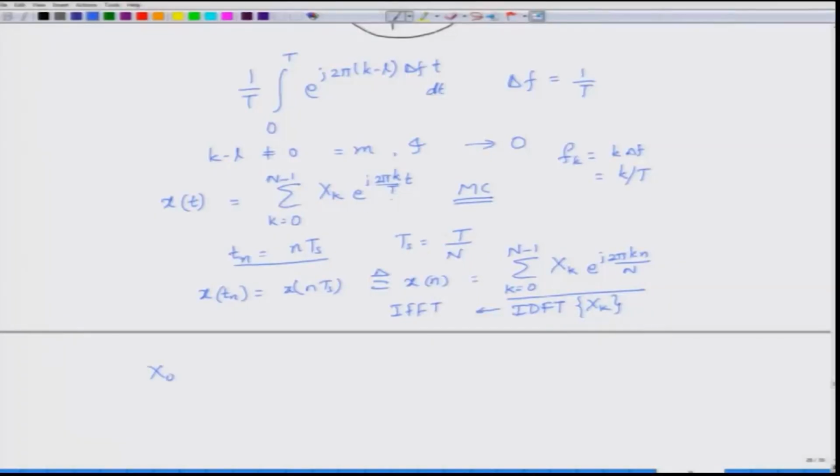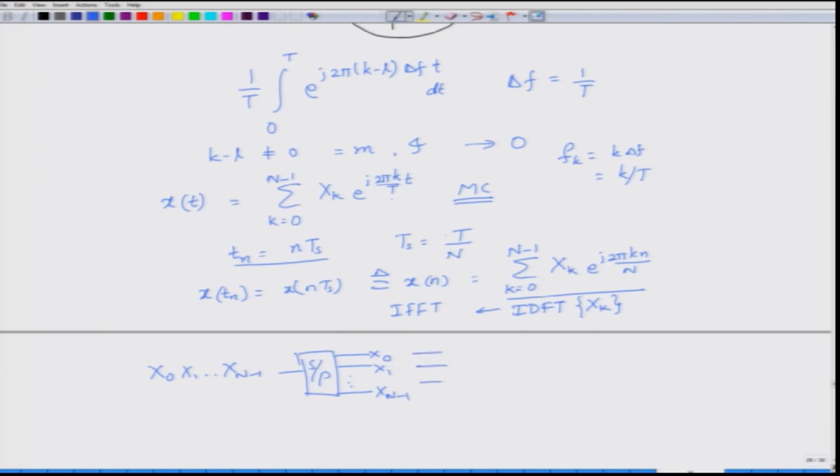So, at the transmitter you start with the symbols x0, x1 all the way up to xn minus 1. You convert them into a parallel form using a serial to parallel converter. You get x0, x1 all the way up to xn minus 1.